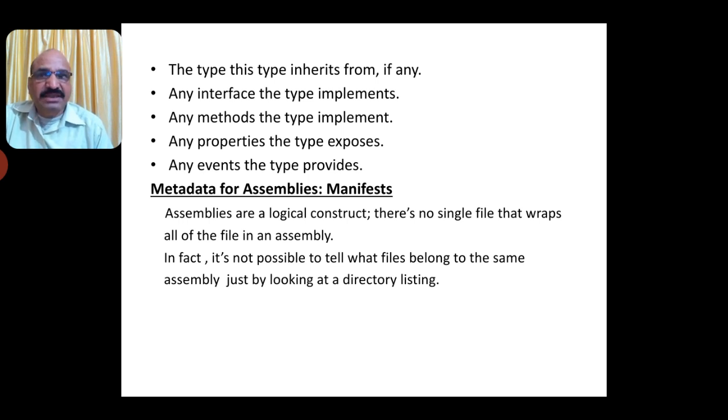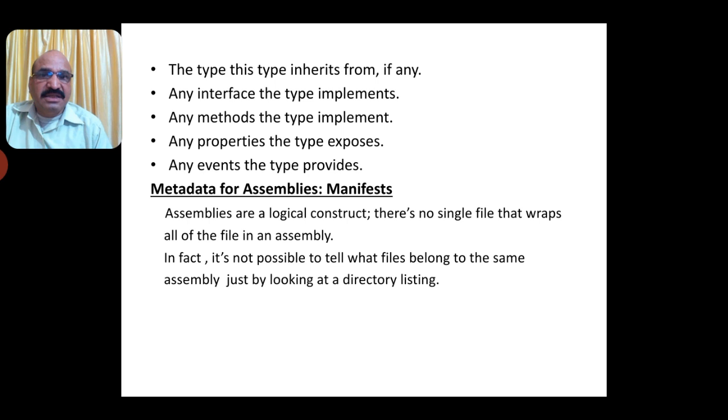In fact, it is not possible to tell which files belong to the same assembly just by looking at a directory listing. Instead, determining which files comprise a particular assembly requires examining that assembly's manifest.